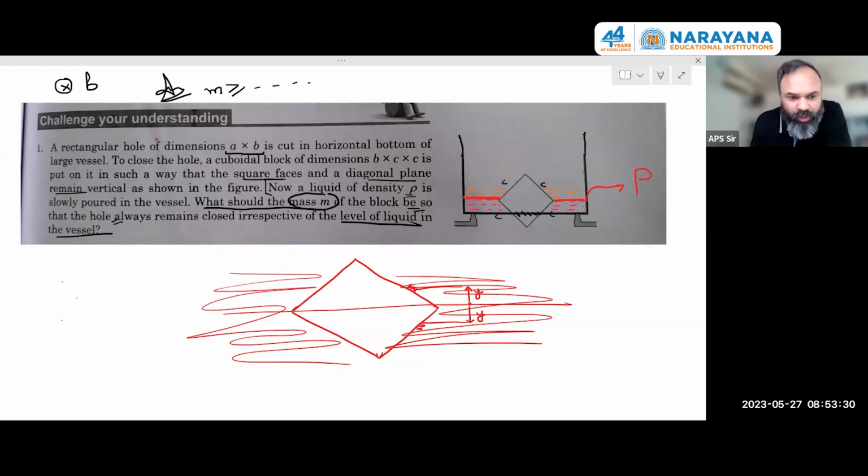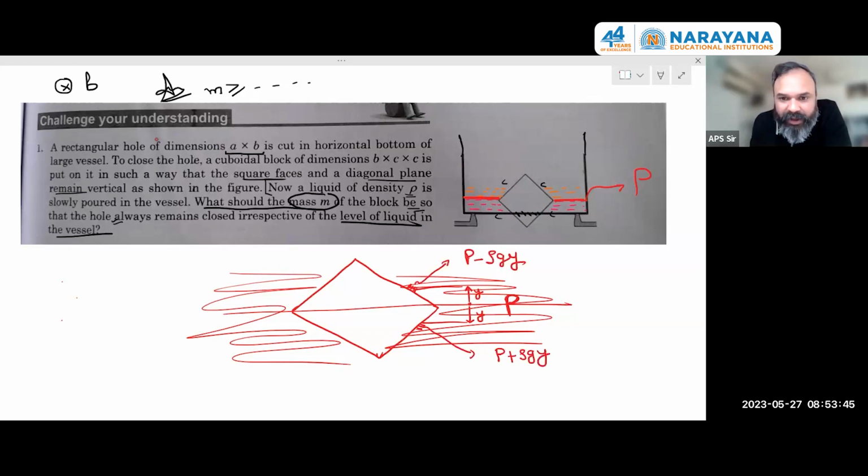So I'll take a factor of 2 afterwards. My contention is, if this pressure is P here, the pressure at this level will be P minus rho gy, and the pressure at this level is P plus rho gy.